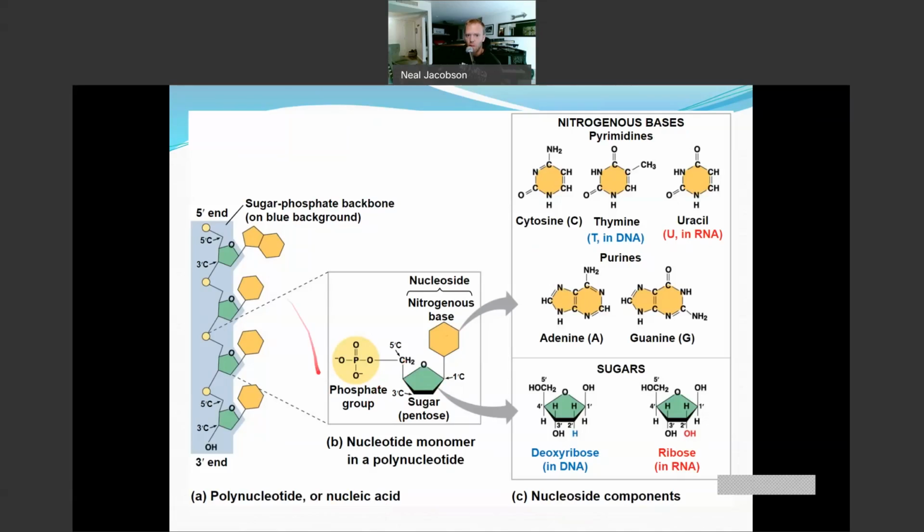And so the phosphate group from an incoming nucleotide, so let's say this nucleotide is joining to this nucleotide to become a polymer, the phosphate group of this nucleotide that's attached to that 5 carbon is going to dehydrate with the OH group on the 3' carbon from the one above it, and then it's going to link up to the 3' carbon on the next one. And the 3' carbon is right here on the deoxyribose, and this is on the ribose sugar.